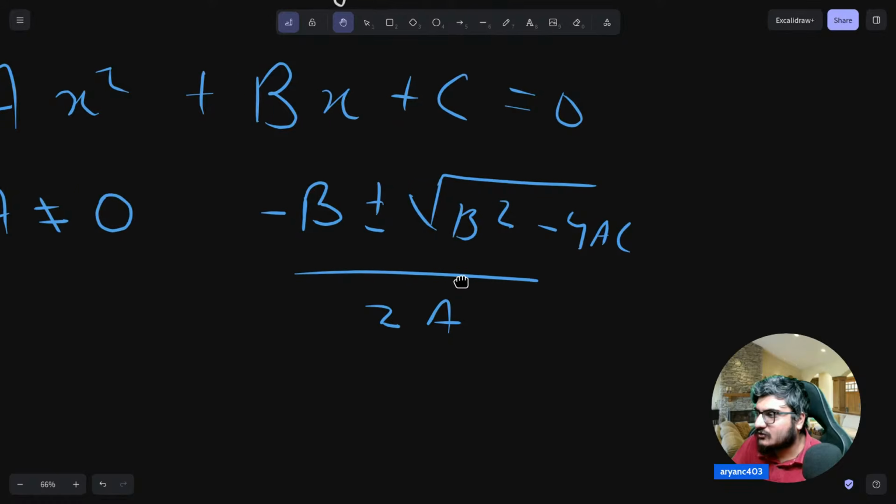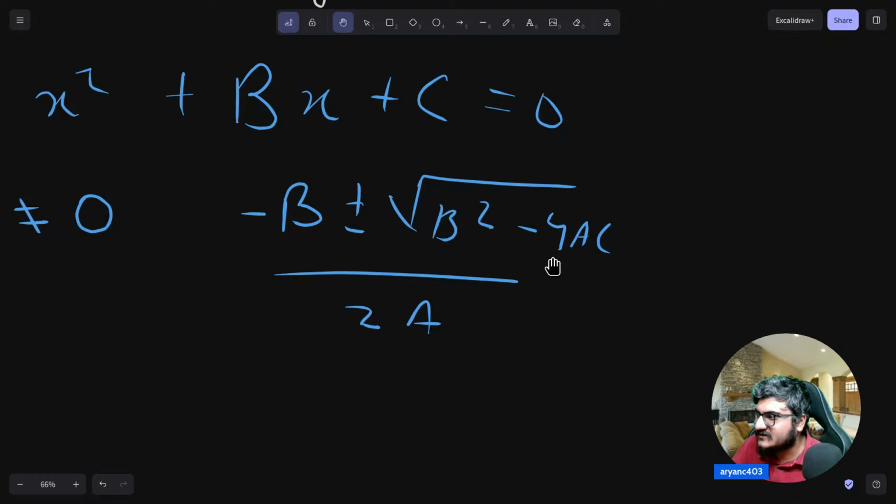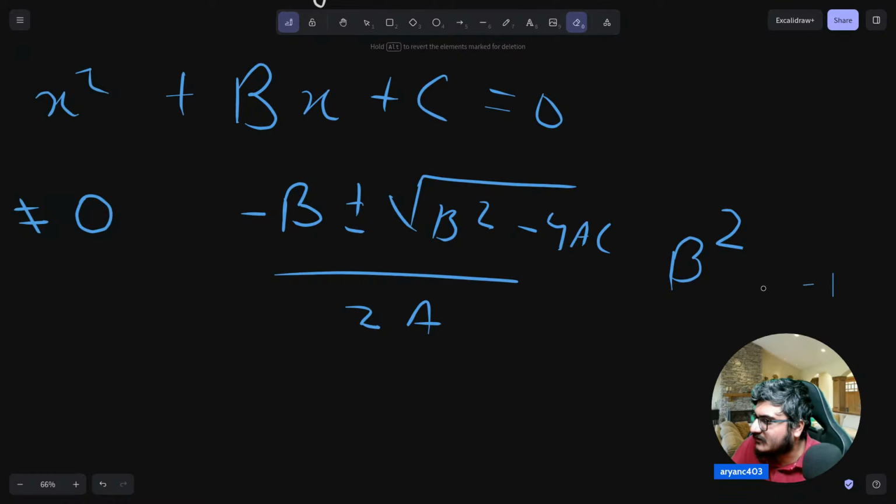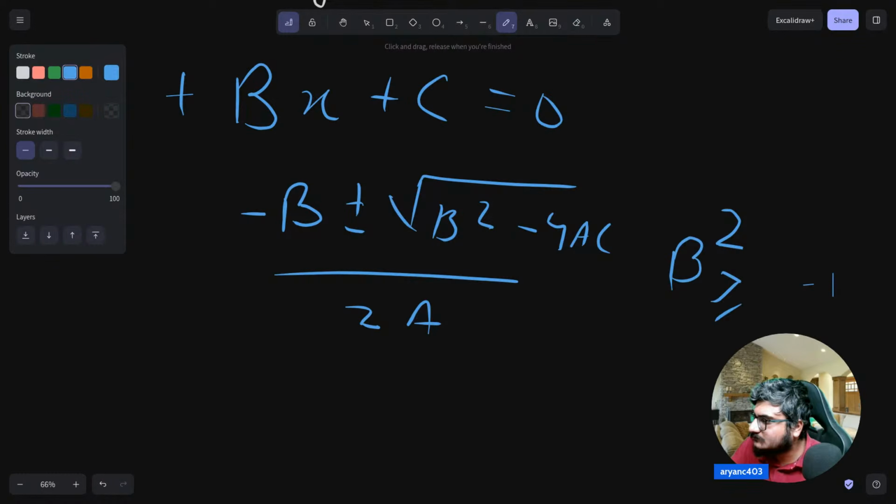So we just need to check if b square minus 4ac is greater than or equal to 0 or not, because in that case, this term would be real and you will get some x.